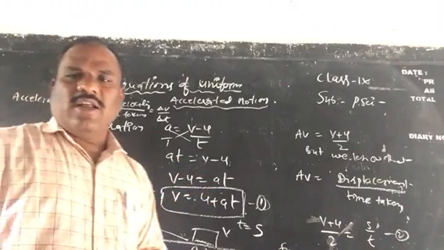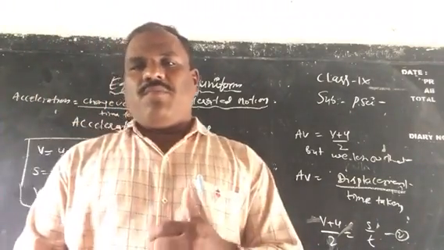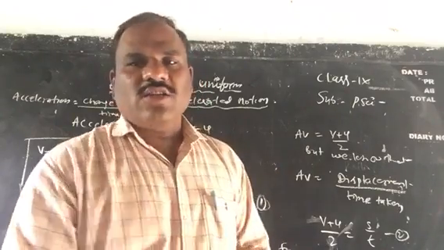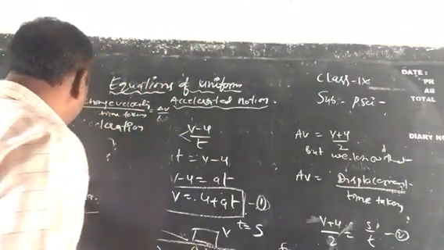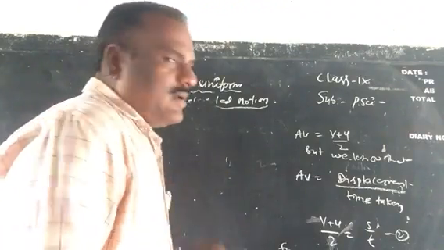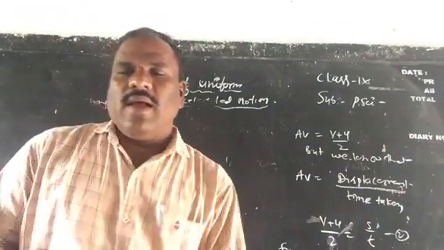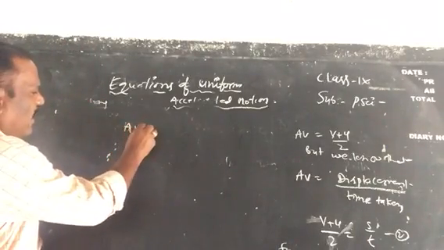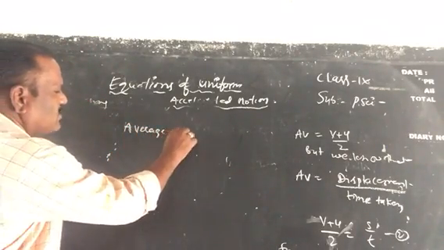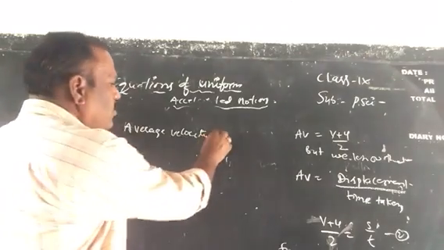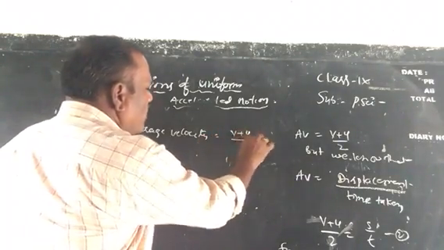And next, children, the second equation of motion. Since the acceleration of the body is constant, the average velocity is equal to v plus u by 2.